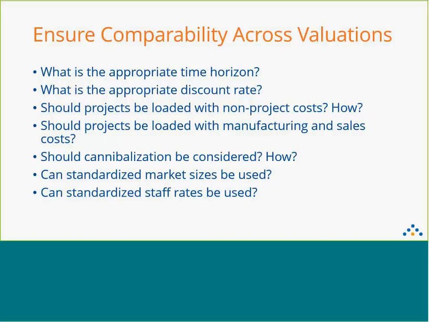And cannibalization, if it's considered, should be considered uniformly across all of these projects. The same for market sizes or epi data, where it's the same, should be applied uniformly across your projects in the same disease area. And staff rates and costs for staff should be the same, to say nothing of all of the other pieces of revenue buildup and sales and marketing costs and so forth.